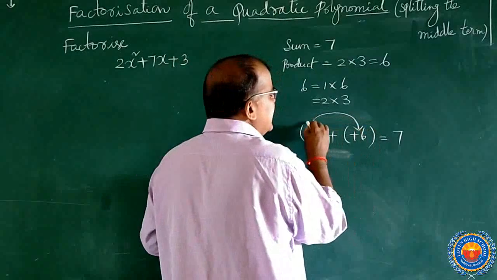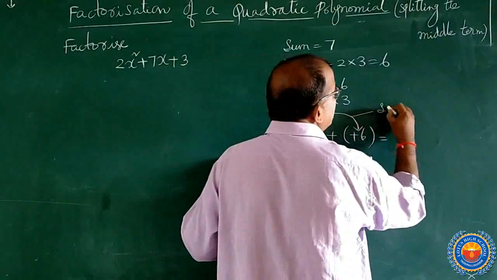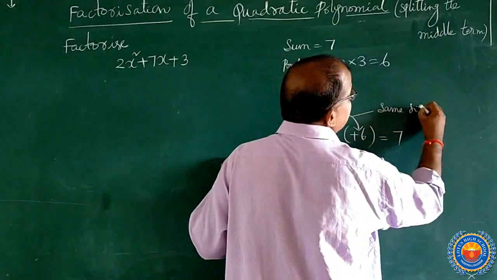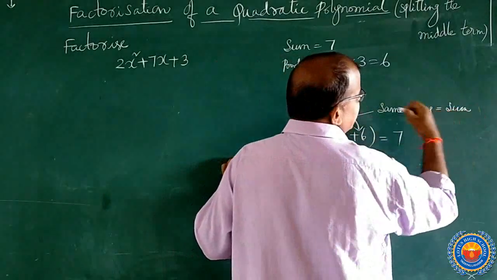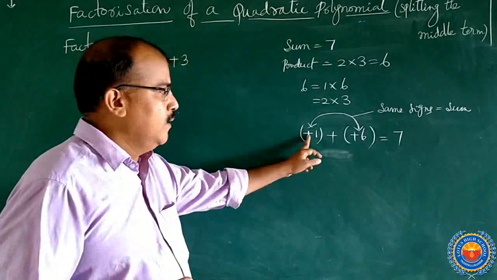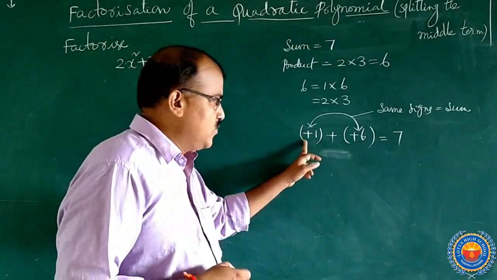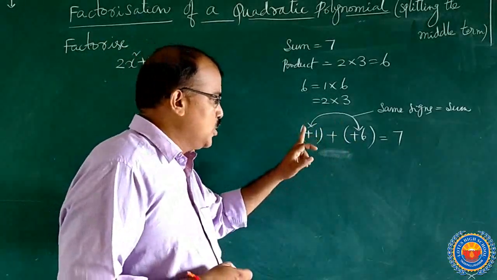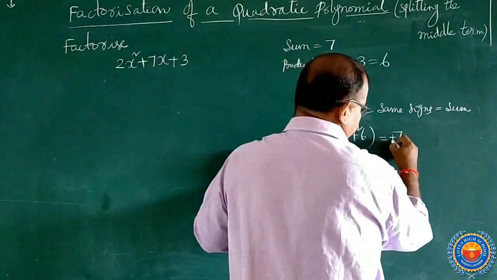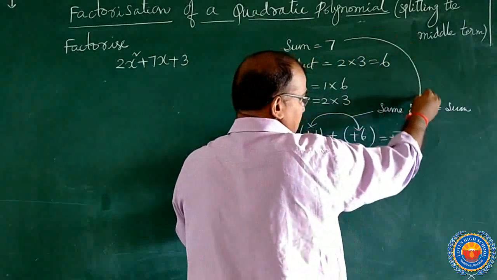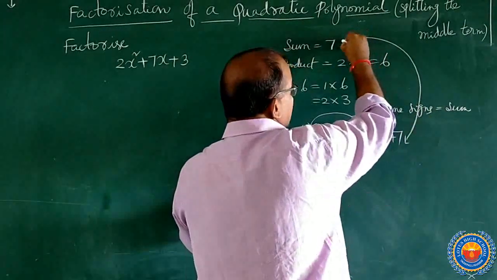Same signs, sum. Both have the same signs. So positive 1 plus positive 6 is equal to positive 7. Yes, these two are matching.